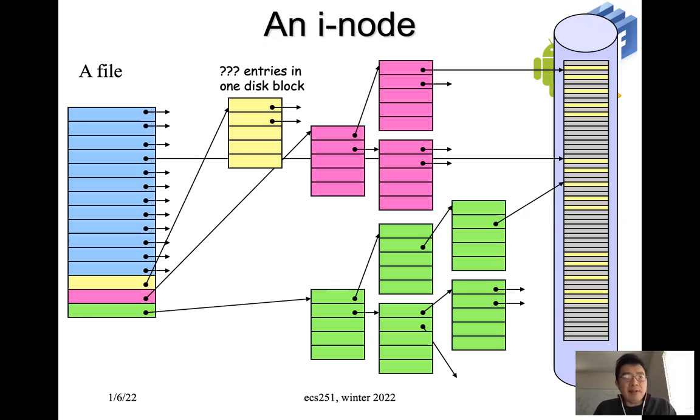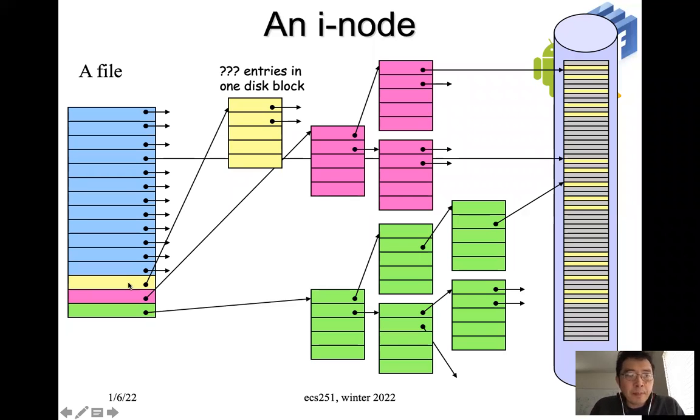If your file size is less than 48K, then these 12 pointers will be sufficient for pointing to the blocks that I need. So for small files, I would just use the blue. That's fine. Obviously, file sizes are going to be much bigger; especially today, file sizes tend to grow bigger and bigger. So if you have a file bigger than 48K bytes, then you're going to use the yellow pointer.